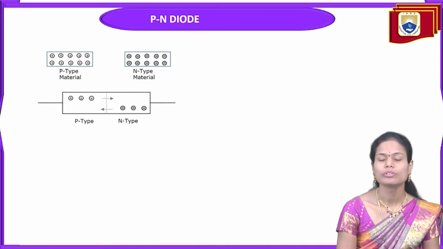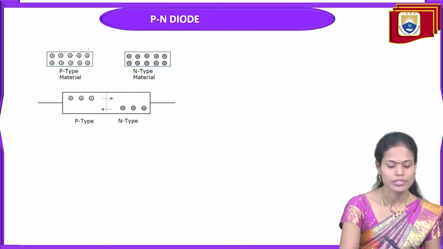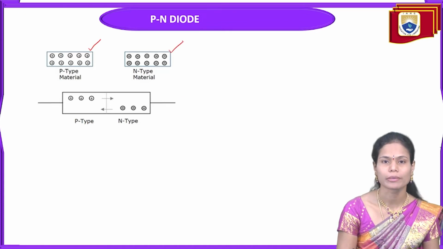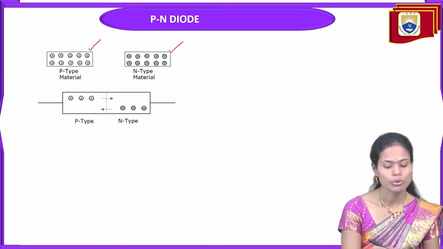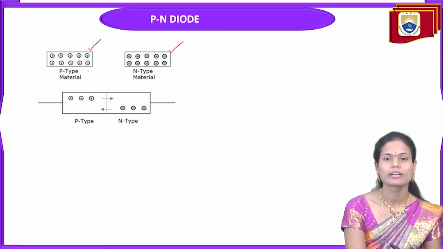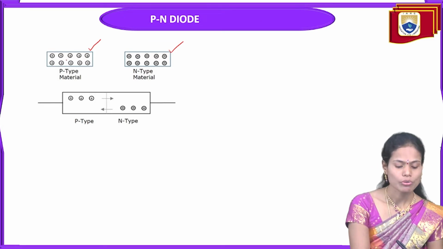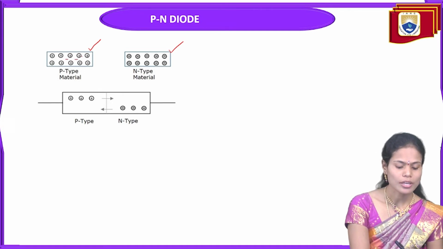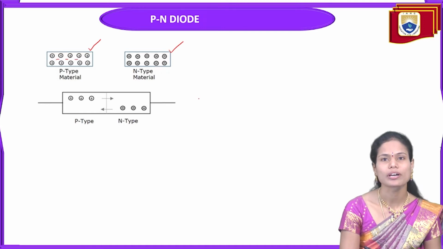In order to construct a PN junction diode, we require two pieces of semiconductor material, a P type and an N type. In the P type material, the holes are the majority carriers, indicated with a plus symbol, along with some minority charge carriers, which are electrons.